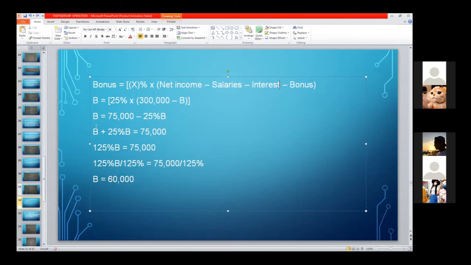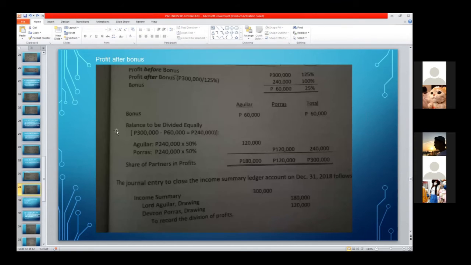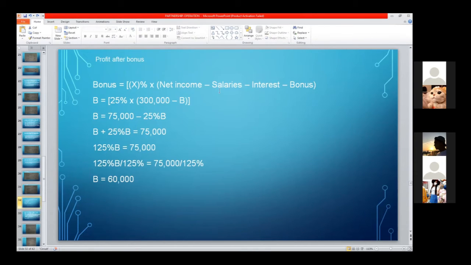Dito sa problem, sinabi after bonus lang, wala pa yung dalawa, kaya hindi na natin sinama sa computation. Meron tayong bonus na 25% yung percentage kanina. Substitute n'yo lang. Tapos yung net income, yung profit na 300,000 minus bonus. Ito yung hinahanap natin.